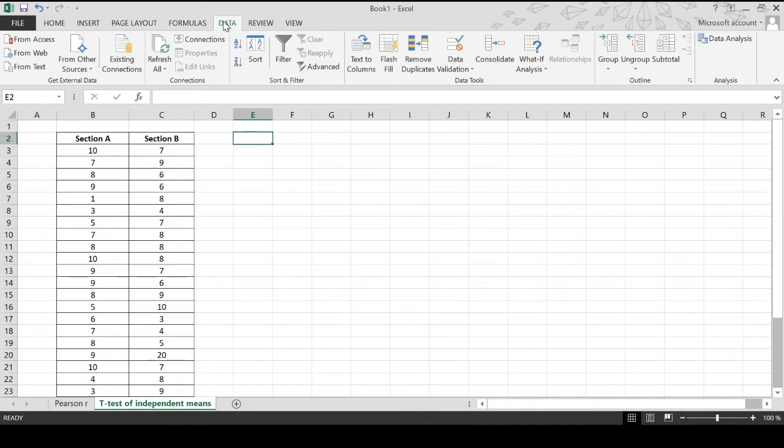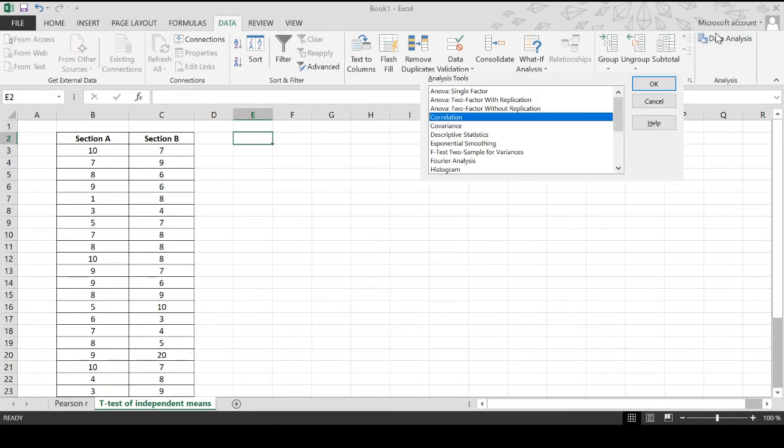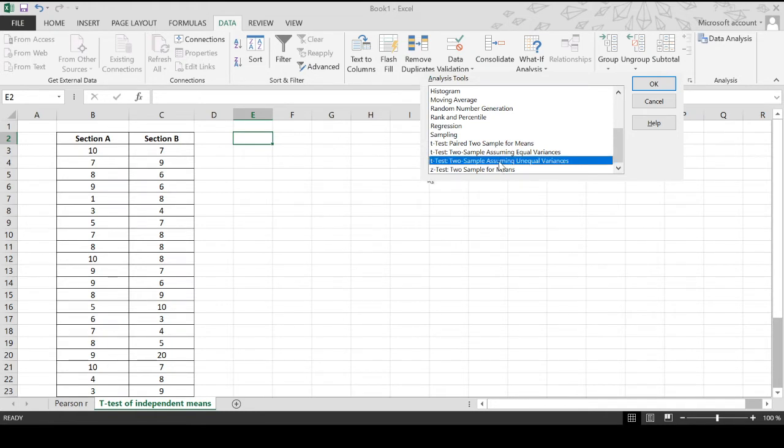Here we have data, and just click Data Analysis. Make sure that this is already installed in your Microsoft Excel, and you look for t-test two-sample. We have two options here: two-sample assuming equal variances, or equal dispersion of scores, and two-sample assuming unequal variances.